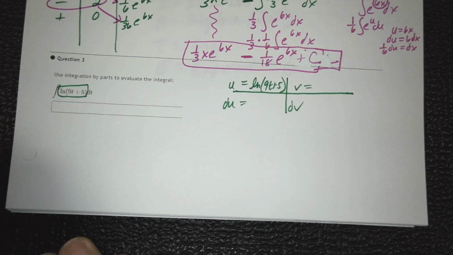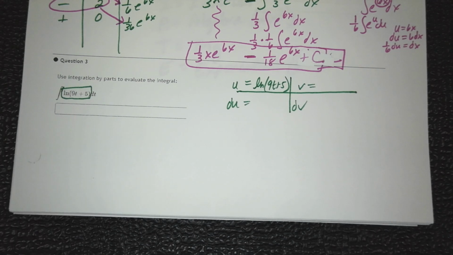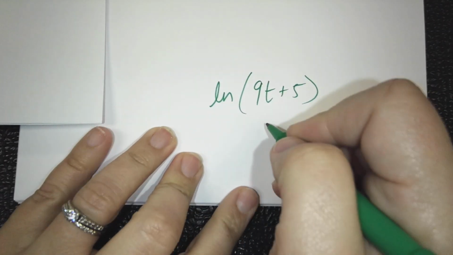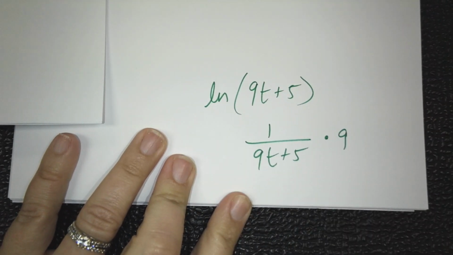We got to go over derivative rules. How do I take the derivative of an ln of something? What do I write? 1 over times the chain. Because with derivatives, we times the chain. Remember, if I said, what's the derivative of the ln of this? You'd say, oh, it's 1 over that times this chain.